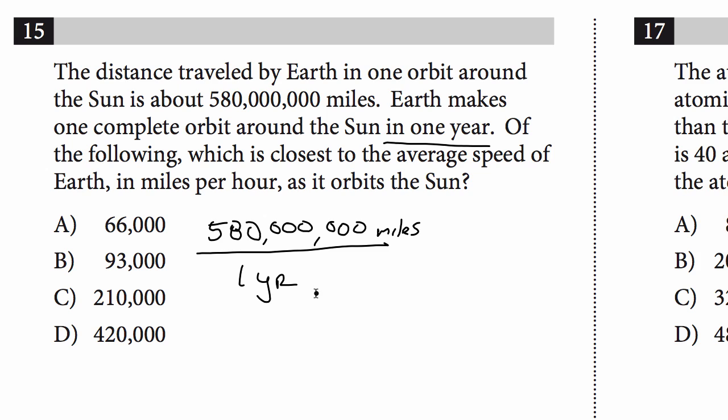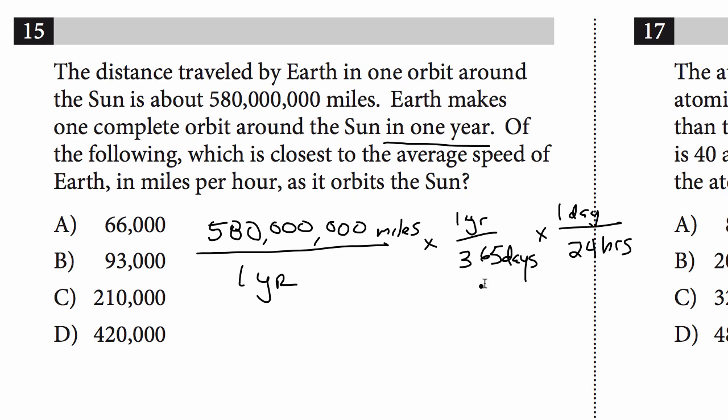We just want to know how many hours are in a year. So you could do, let's say 1 year has 365 days, and then 1 day has 24 hours.